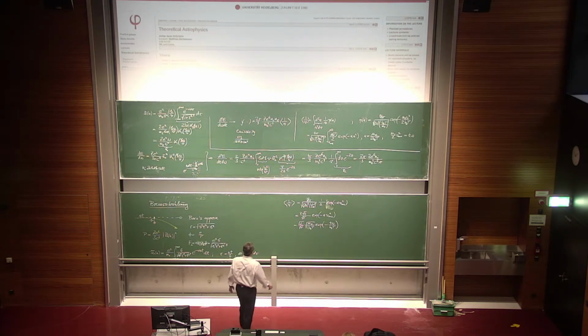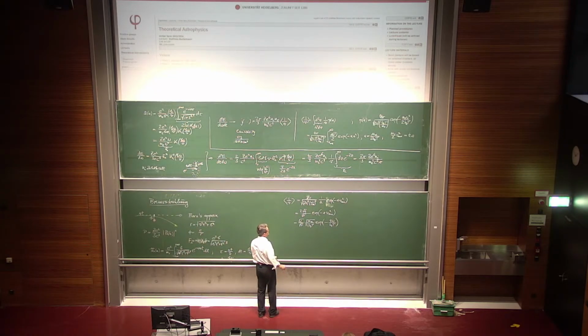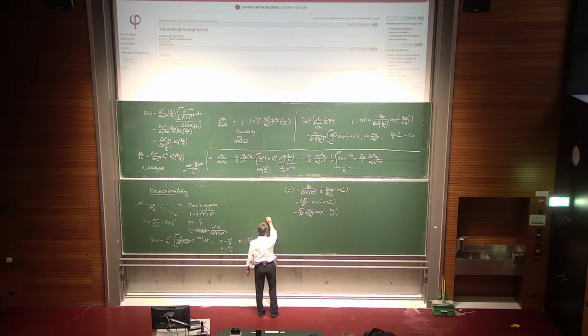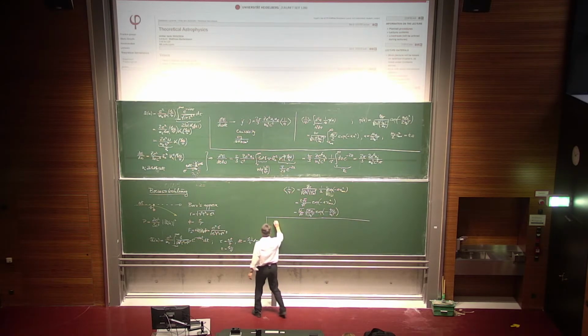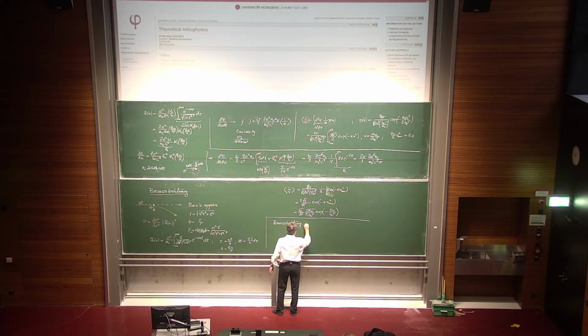So now let us collect the results in a little box here. So what we now have is the Bremsstrahlung emissivity.